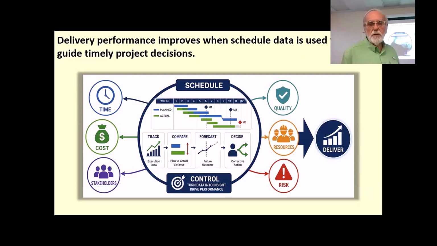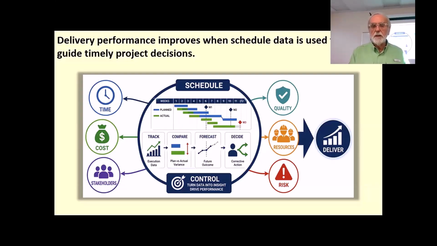But integrated delivery performance improves when schedule data is used to guide timely project decisions. So this brings everything together. We've been looking at delivery performance, schedule baselines, fast tracking, monitoring actual versus planned progress, controlling the schedule, critical path, schedule responses, earned value. The broader lesson is that schedule management is not just a technical timeline activity.